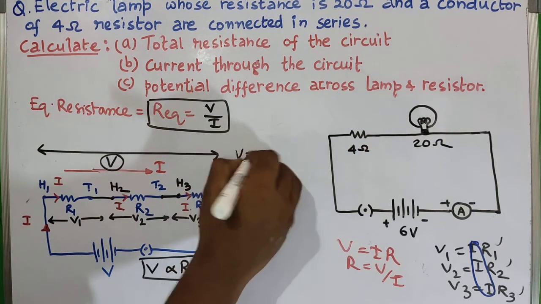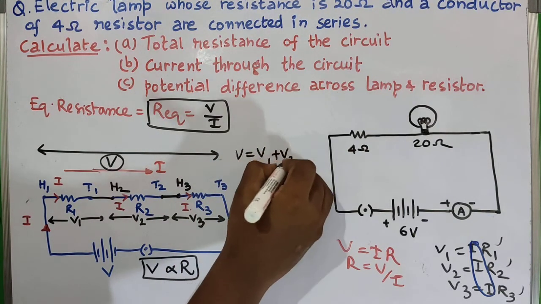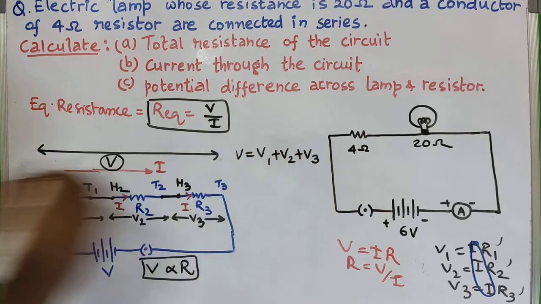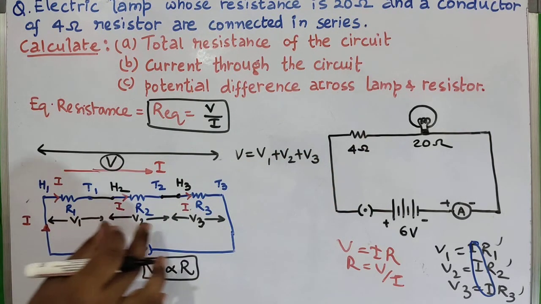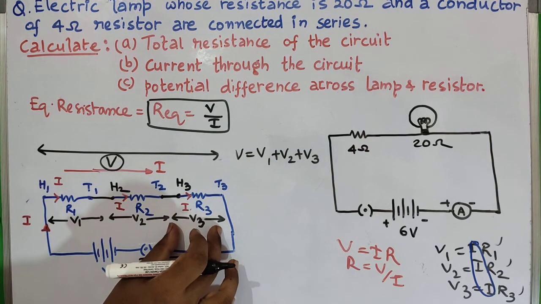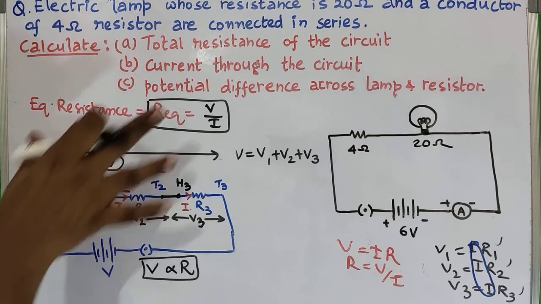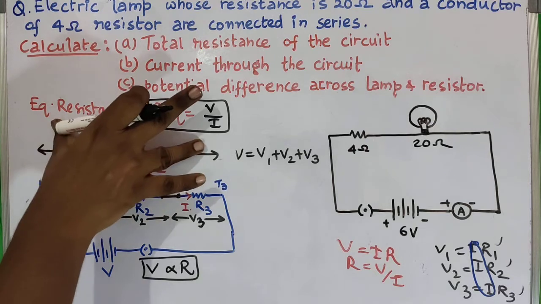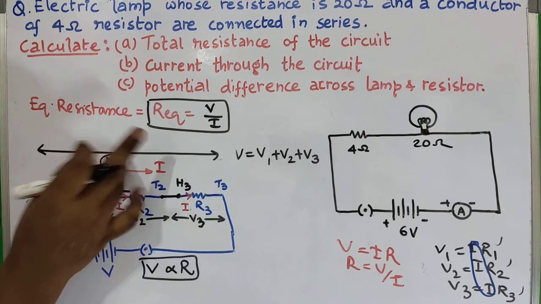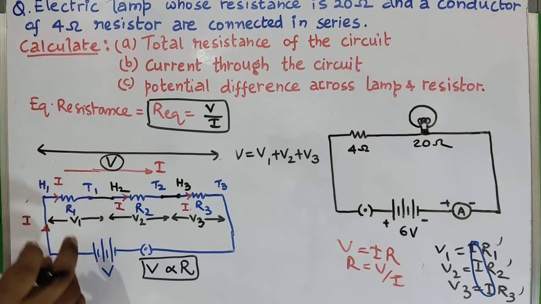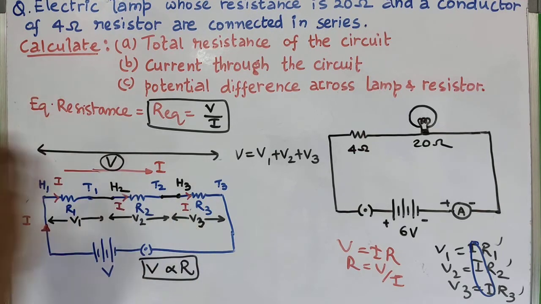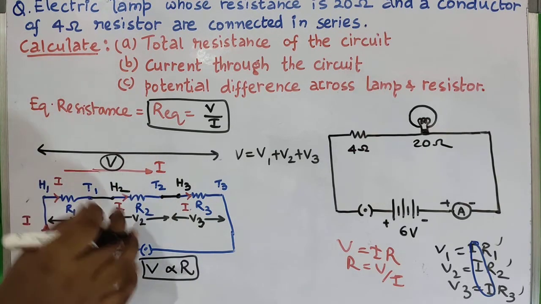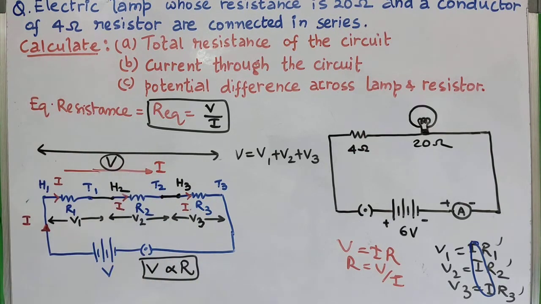V is equal to V1 plus V2 plus V3. The individual potential differences across each resistor, if I add them, I will get the potential difference across the combination. Across the combination there is V, and across each resistor there is V1, V2, V3.